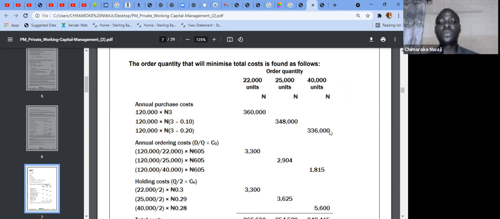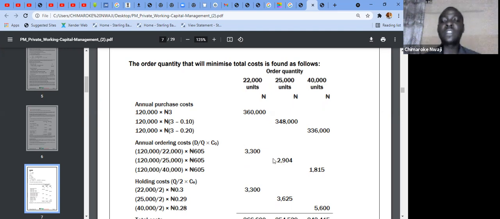When you're looking at the ordering costs for the 22,000 units, you see your ordering cost and your holding cost are the same. If you add these two together, you have 6,600. This will always be higher than the sum of these two.